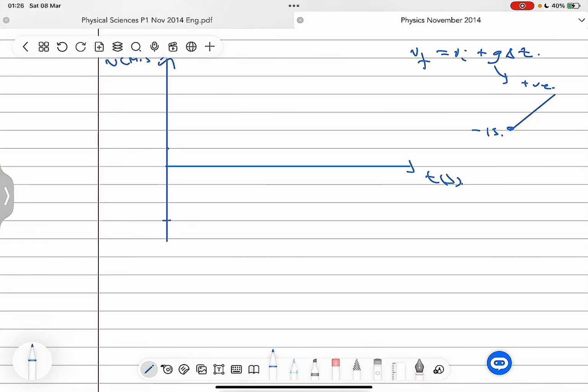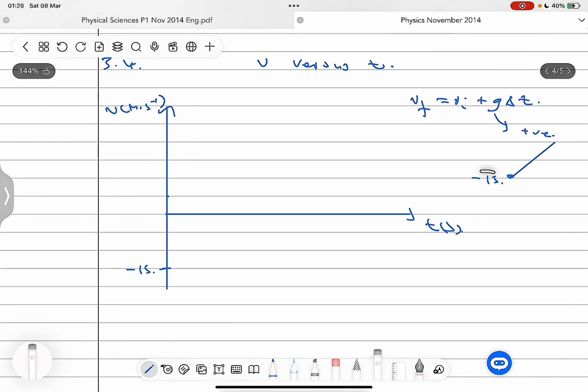Now, you would notice that we're saying the graph will start at negative 15 meters per second because that is our initial velocity, which shows upwards as negative. And we're saying this graph goes uphill. It means from this point going up, we need to have a graph that is going uphill like that.